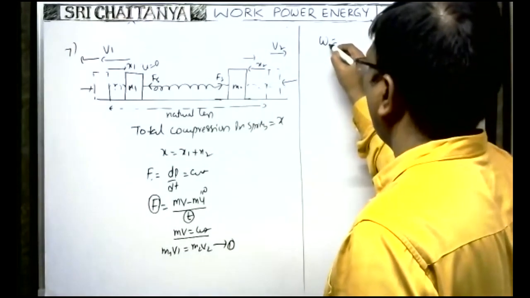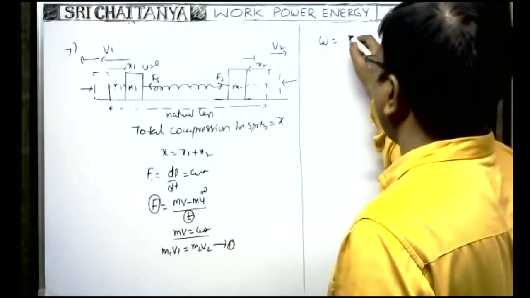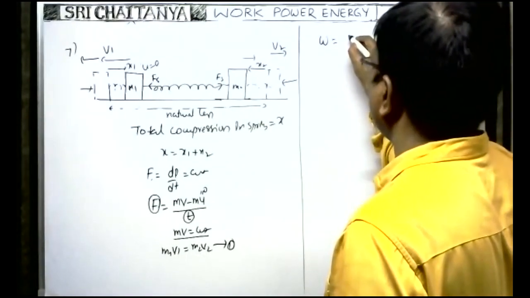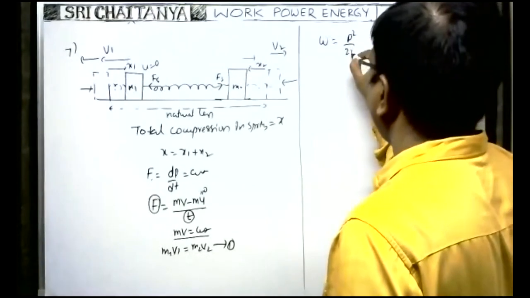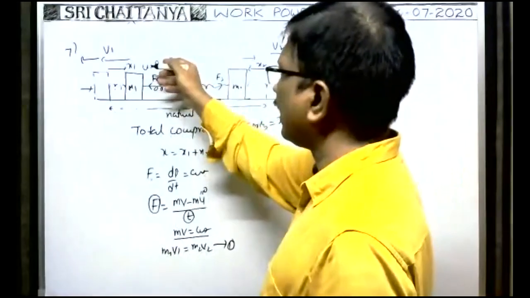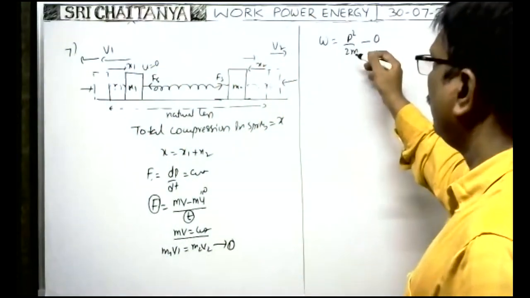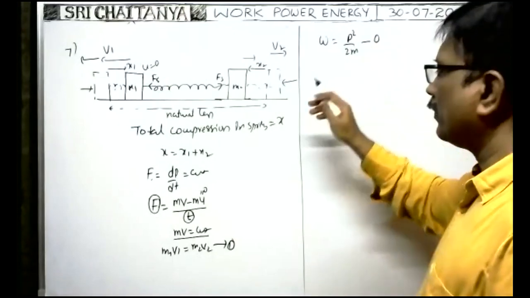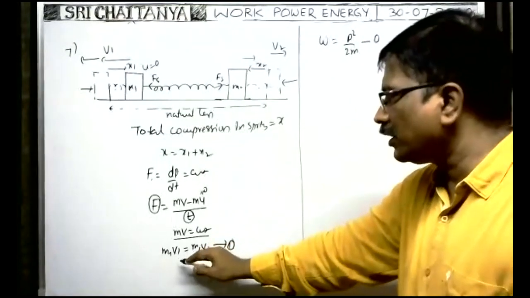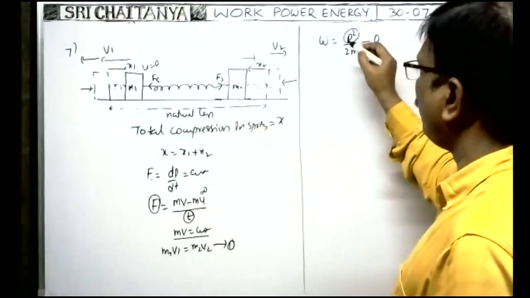According to the work energy theorem, the work done by the spring on any block is equal to the change in kinetic energy of the block. Change in kinetic energy means final kinetic energy, p squared by 2m, minus initial kinetic energy, which is 0 for both the blocks. Kinetic energy is equal to p squared by 2m. For both the blocks, the momentum is the same. The final momentum is the same for both blocks.